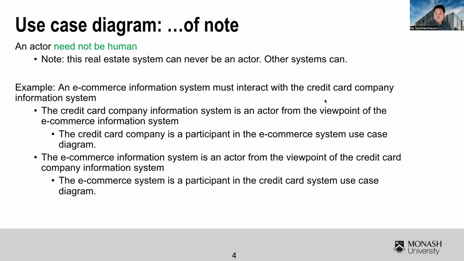But the most important part that I want to highlight, really critical, is that an actor does not need to be a human. It can be a system as well.